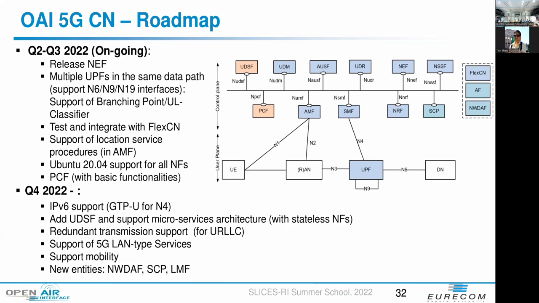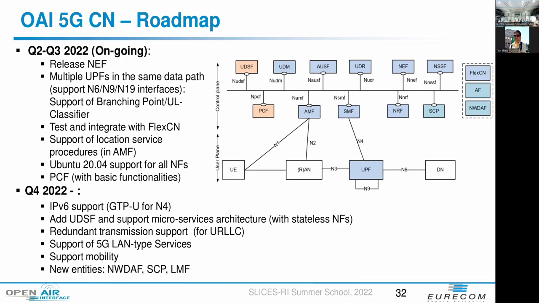For the fourth quarter of 2022, we plan to bring some more advanced features such as IPv6 support and implementation in DSS to support microservices, static implementation, redundant transmission support, and also support for 5G non-public network services.